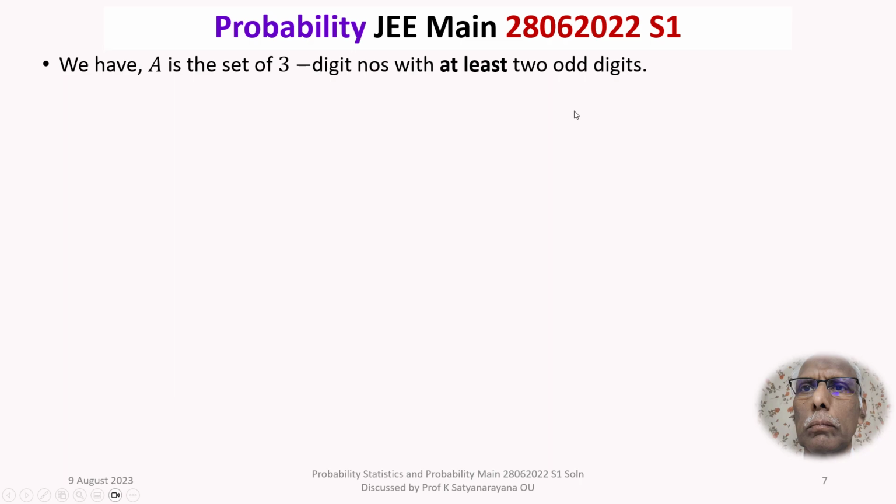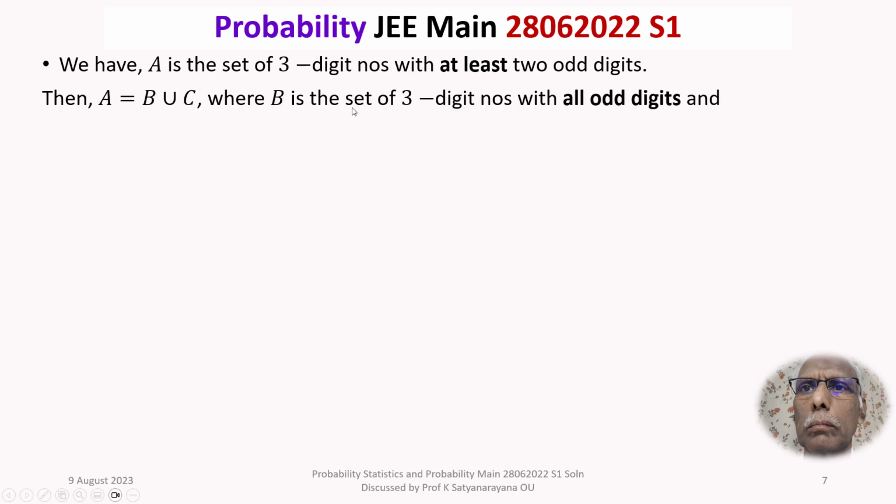So that means A is the union of 2 sets, B union C, where B is the set of 3-digit numbers with all the 3 digits odd, and C is the set of 3-digit numbers with exactly 2 odd digits. Agreed.